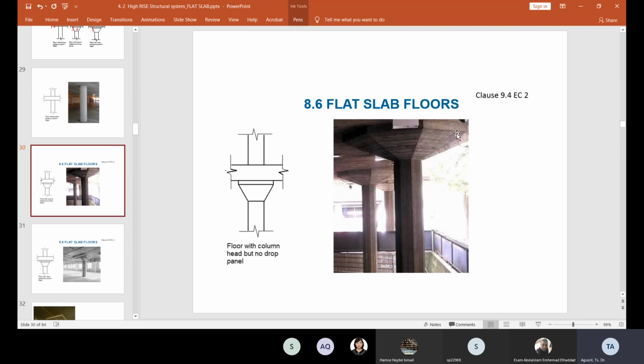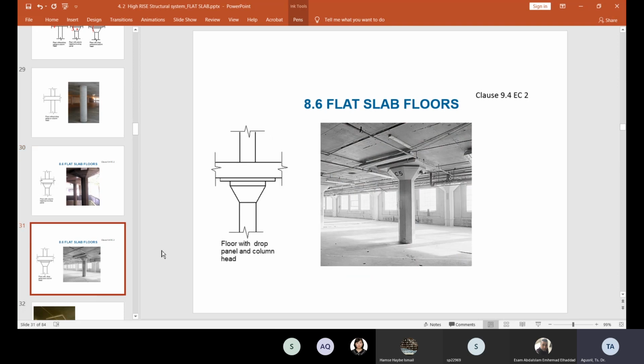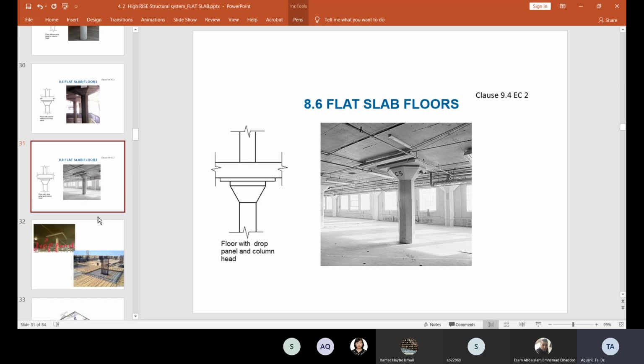So this column head and this column head. And then option number 3 is the column with the column head and drop panel. So you can see here. And in detail you can refer to clause 9.4 of Eurocode 2 for the flat slab.